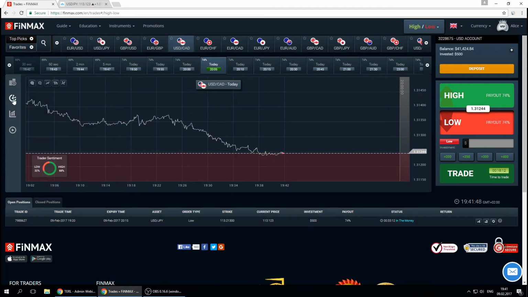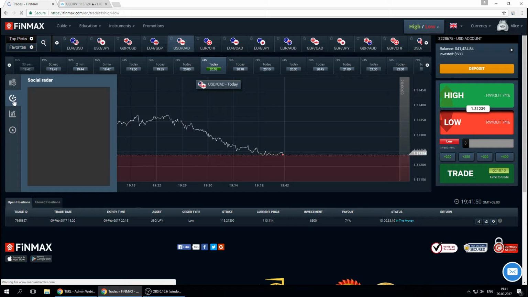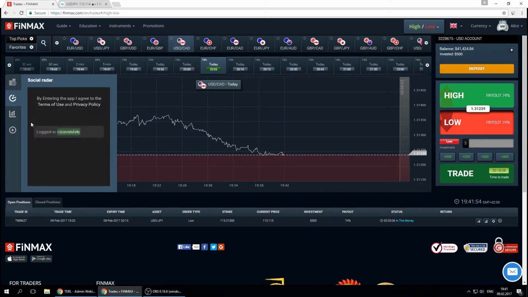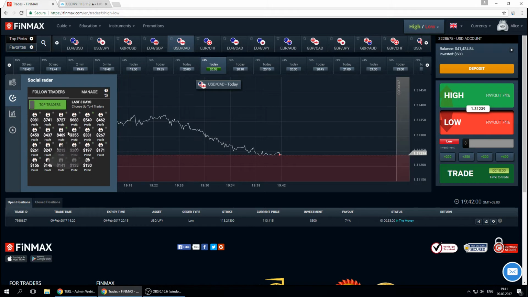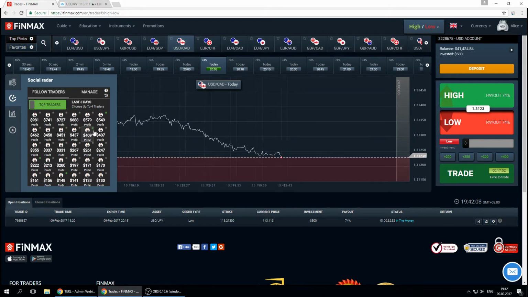And of course, here we have the social radar. Social radar allows you to trade here fully automatically. Basically, it doesn't need you to open the trade manually, it doesn't require you to make an analysis. Here you can see the list of our most successful traders on the platform within the last 3 days.